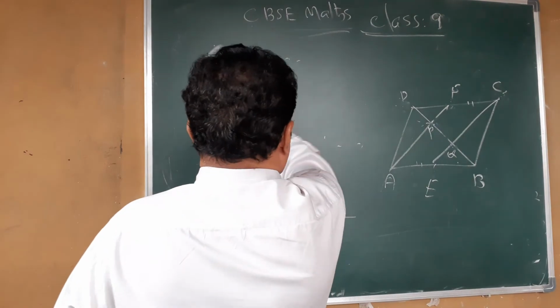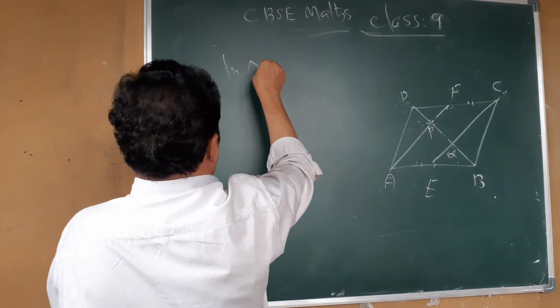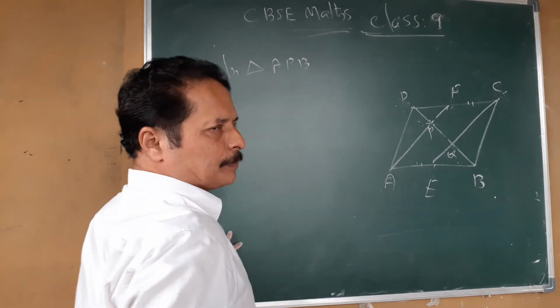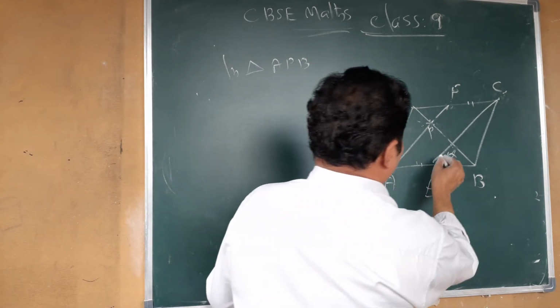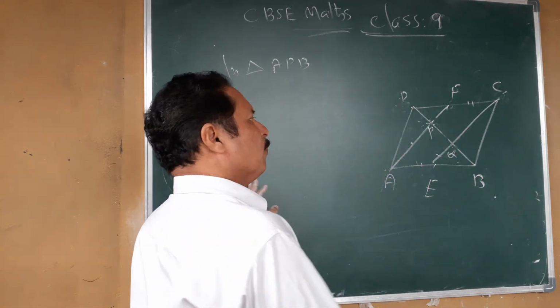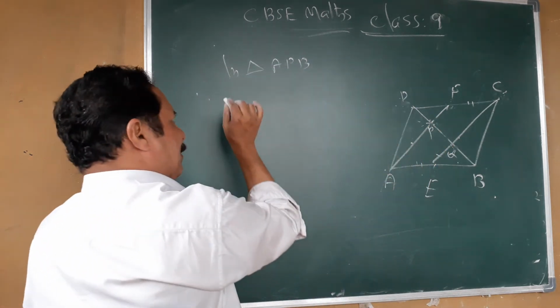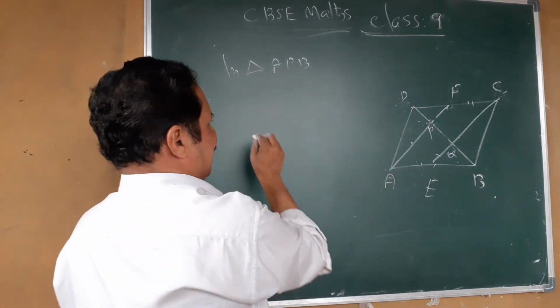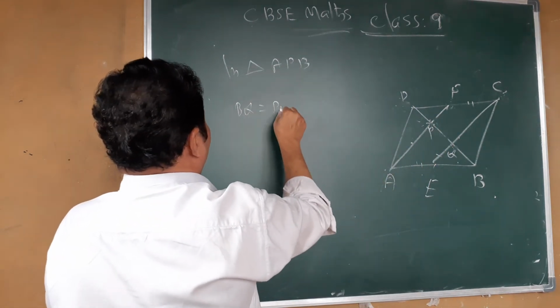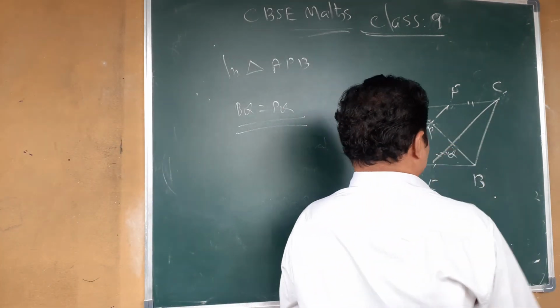Similarly, the next step is triangle ABP. Now these two sides are parallel, that is AP parallel to EQ, and E is the midpoint of AB.